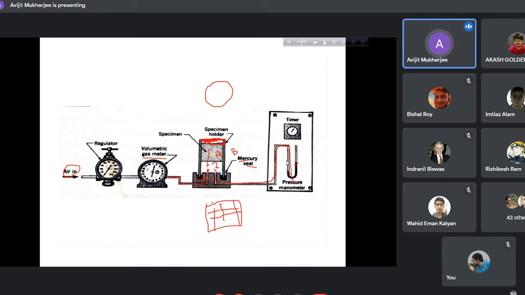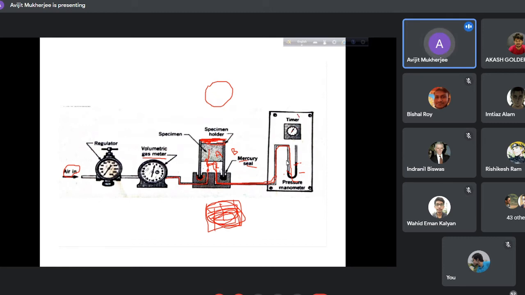On the contrary, if this is a very solid mass, then very little air can enter, but the majority of the air will come to this branch and quickly make the pressure manometer achieve its target. So the time will be short.